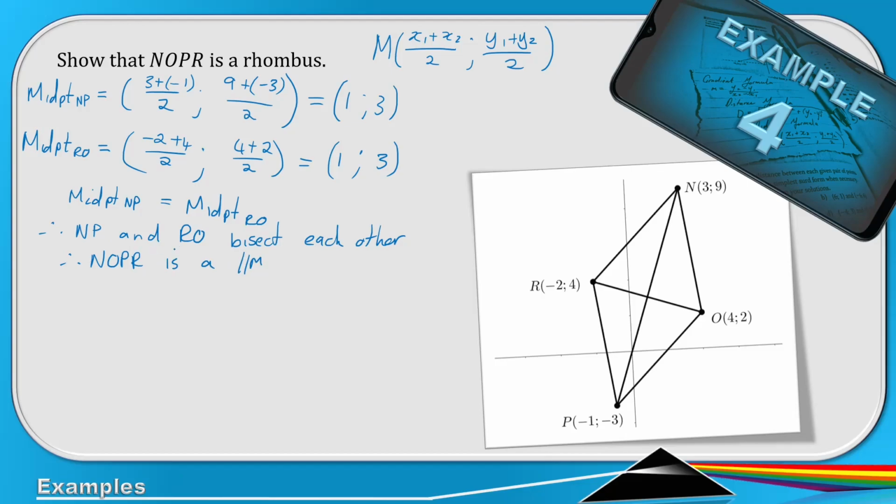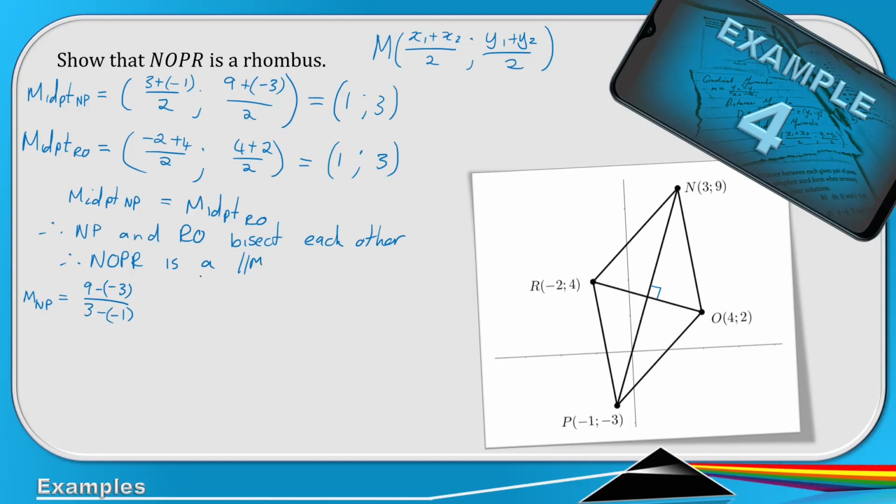Okay, now we've proven it's a parallelogram, so the only thing that's left is just to prove that they actually bisect at 90 degrees. So to do that, we're going to find the gradient. So gradient of NP, the change of y over the change of x, so we've got 9 minus negative 3 over 3 minus negative 1.